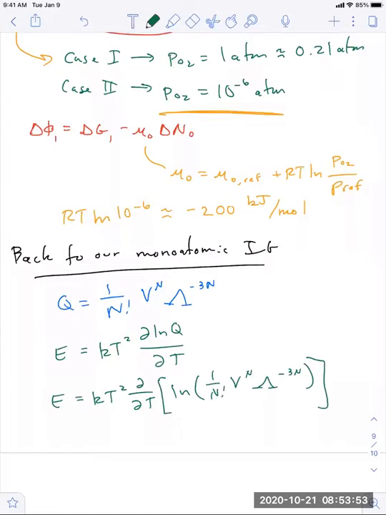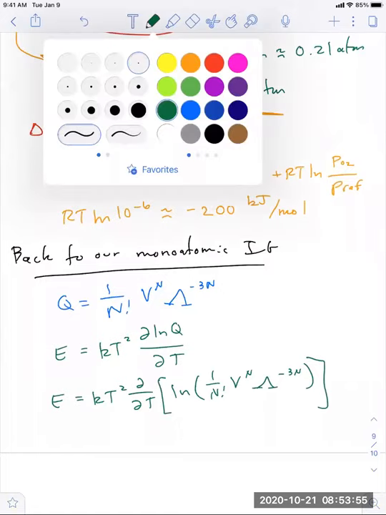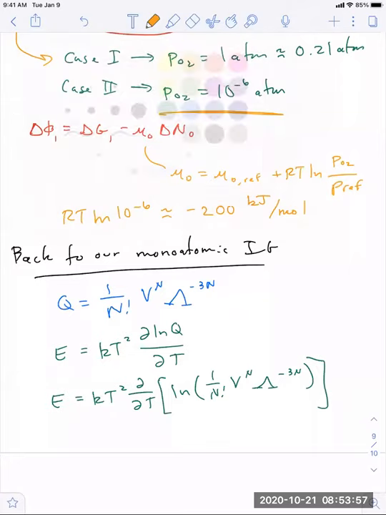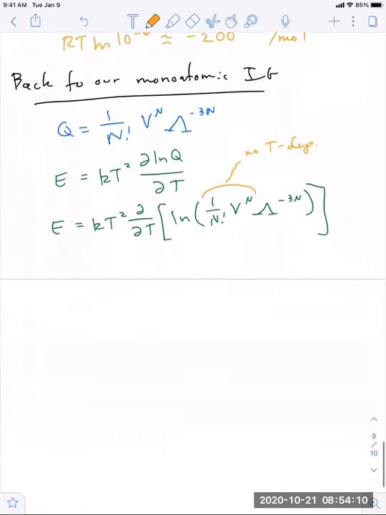So if we look at these terms, we're taking a partial derivative with respect to T. Neither of these have T dependence, and because these are in a log, when we take the partial derivative, these will just go away. So we really just want to take the log of the de Broglie wavelength.